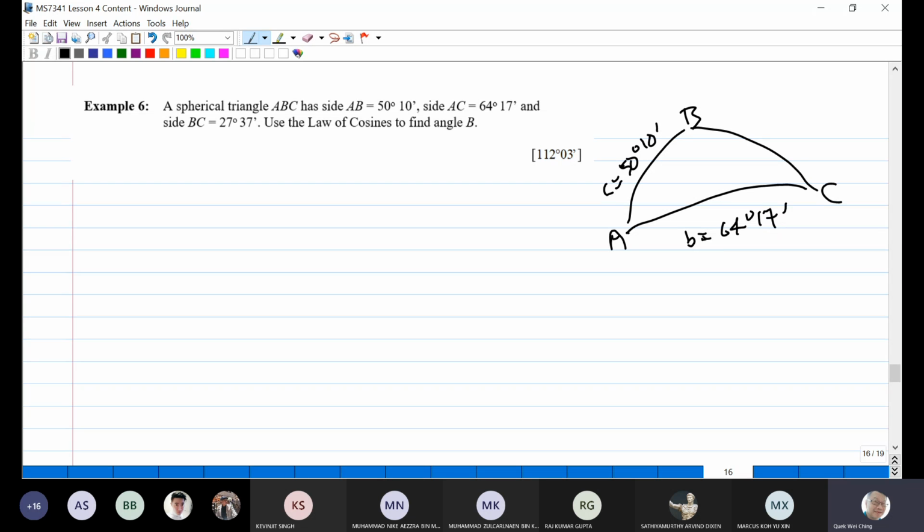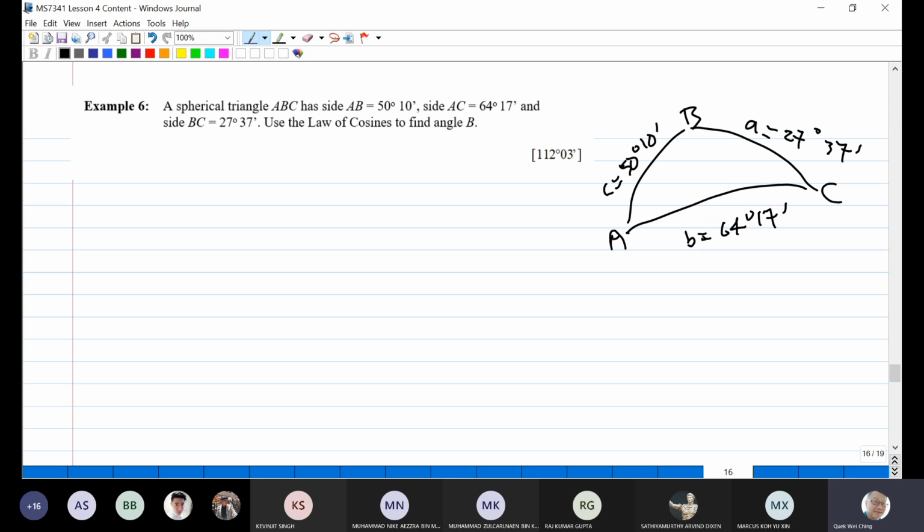And BC now is opposite angle A here, so this is side A here, 27 degrees 37 minutes.